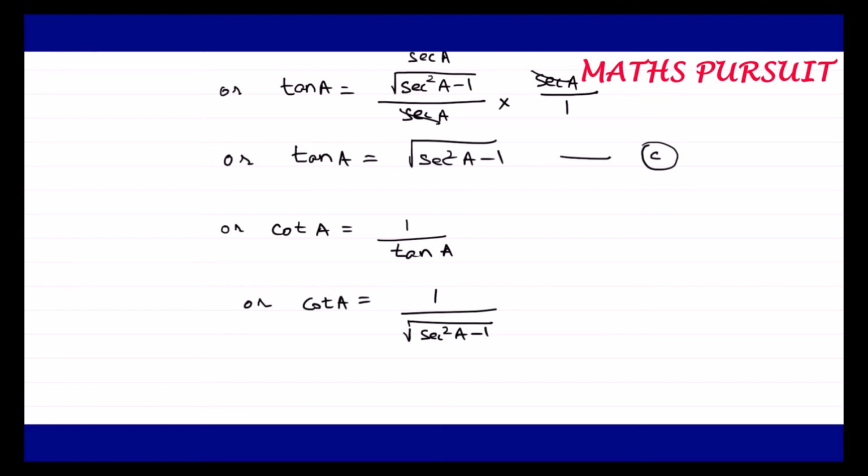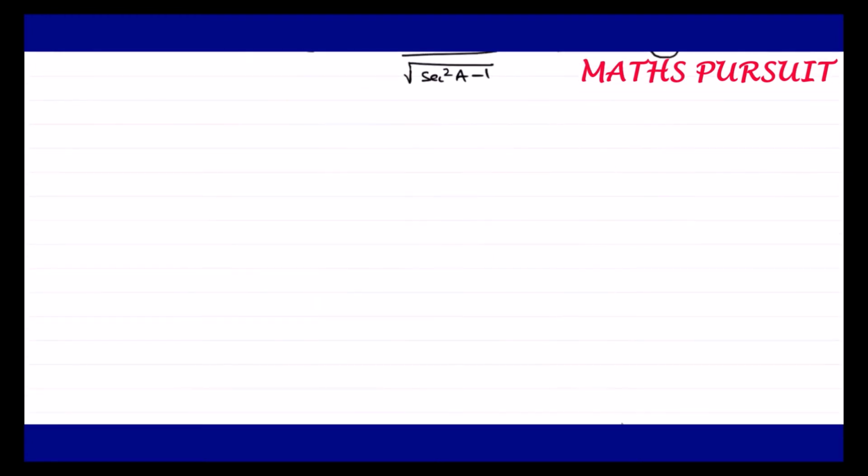We got tan A at point number C, or equation number C, as root over sec square A minus 1. I just converted that one. I converted the tan A to cot A is equal to 1 upon root over sec square A minus 1. This is equation number D. See how easily we are proving one after the other. Now we are left with only cosec A. So let's see. This thing also we will easily prove.